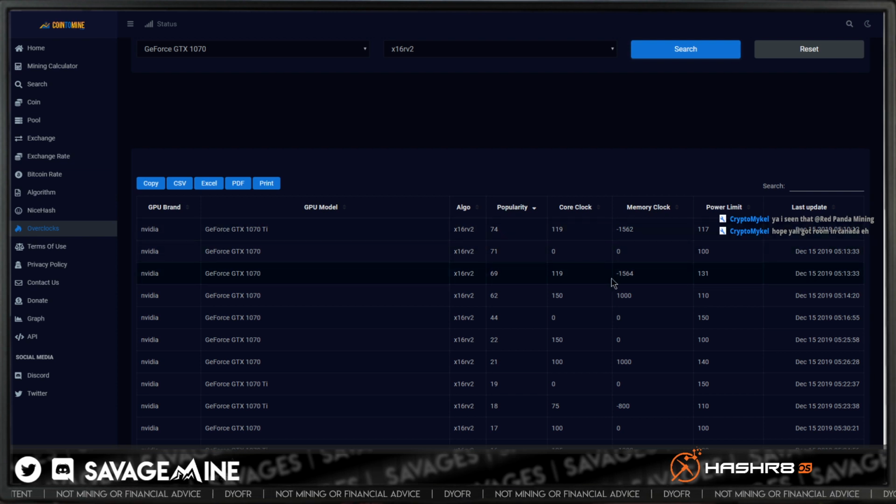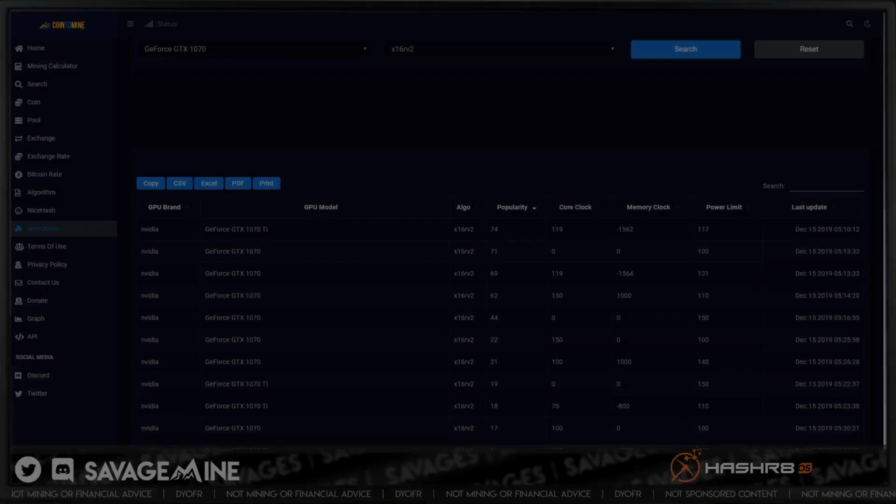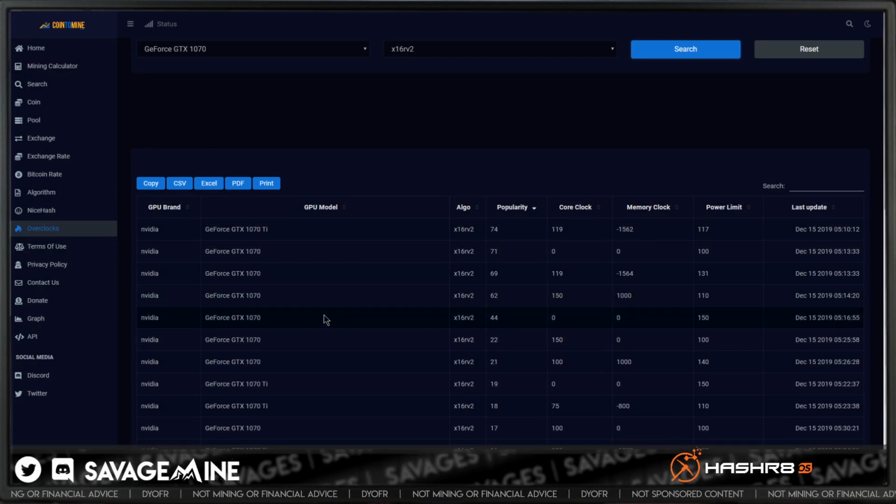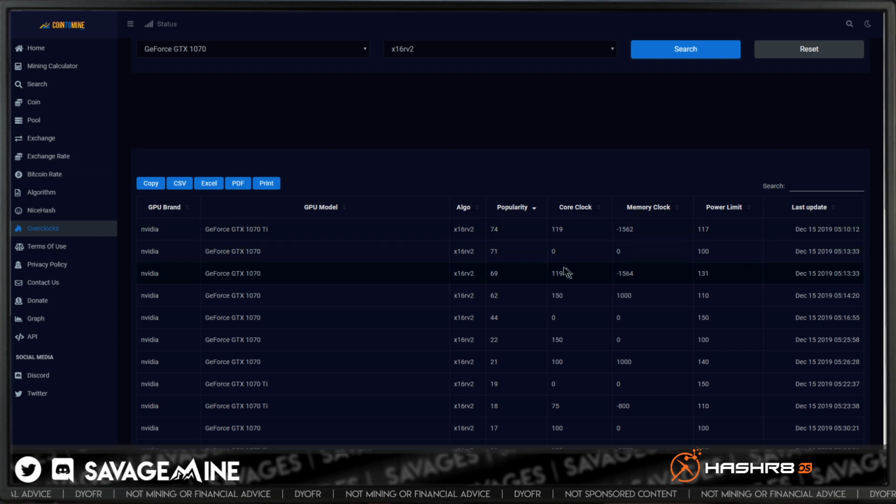But maybe since the fork, with different testers and people sitting around very precisely fine tuning their GPUs, it looks like maybe negative 1564 might be the new minus 502. So yeah, the real standard memory clock for mining Raven used to be minus 502. So let's try it. I haven't tried it yet. So 1564.